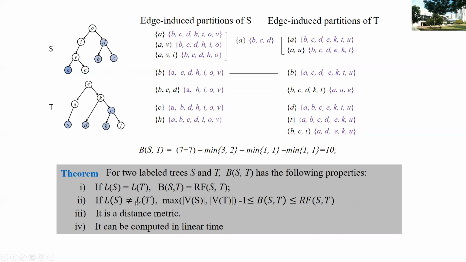If they have different label sets, then the bark distance between these two trees is bounded from above by the Robinson-Foulds distance between S and T. The Robinson-Foulds distance is a distance metric. Here we also prove that the bark distance satisfies the triangle inequality. It's also a distance metric. The bark distance can also be computed in linear time.